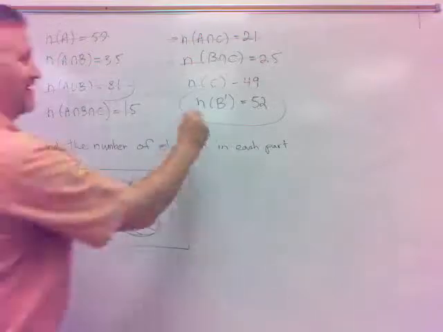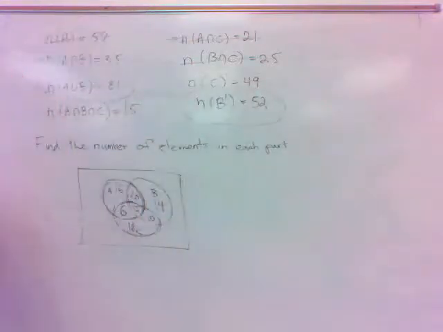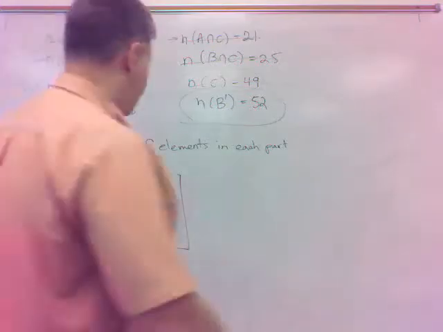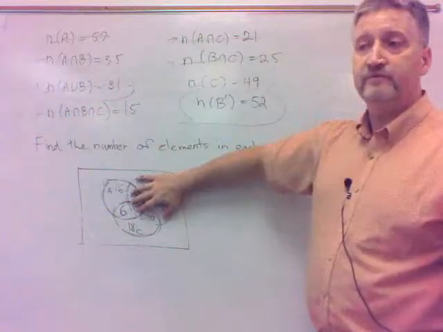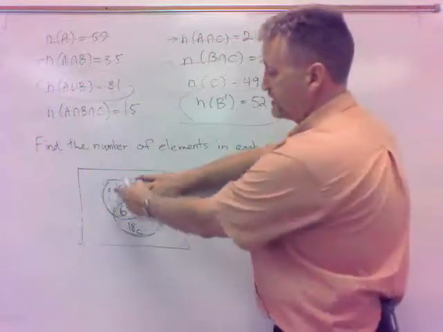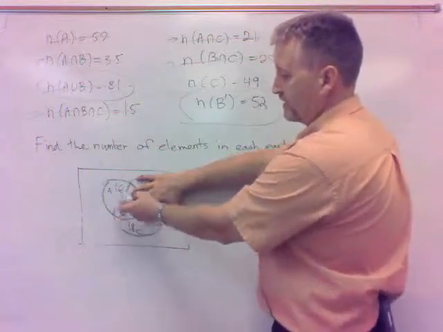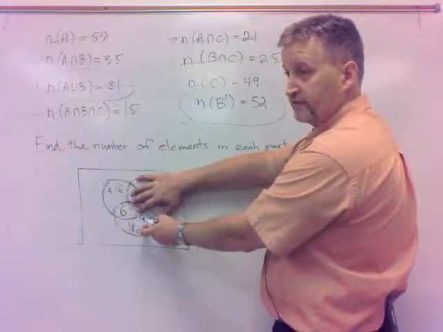What have I got here? The number in B complement is 52. What does that mean? Well, that's the total number of elements outside of the B circle. In other words, if I cover up the B circle here, that needs to be 52. Well, I've got 16, 6, and 18. That's 40, I believe.